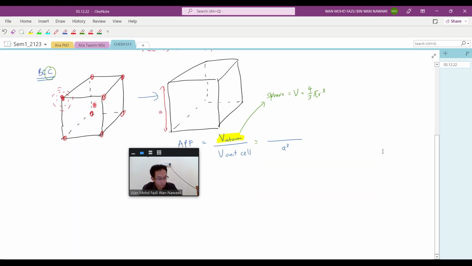So in BCC you have two atoms, which are spheres in dimension. So you can do 2 times the volume of the atom, 4/3 pi r^3.